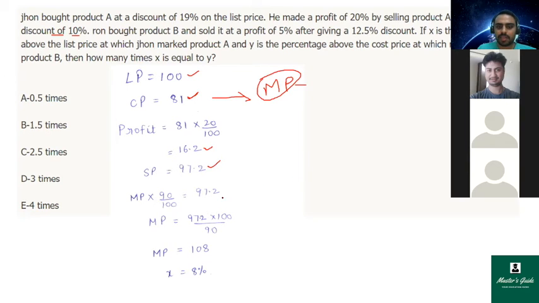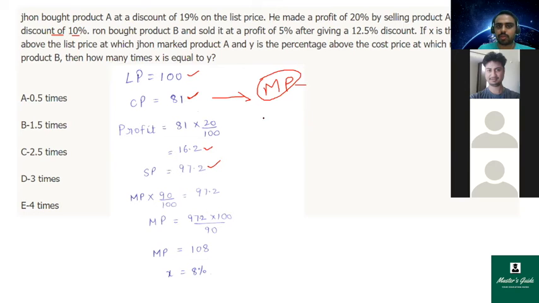So my selling price is this much, 97.2, and I'm giving a discount on the mark price and then selling it at 97.2. If I give a discount of 10%, then I am selling it at 90% of my mark price. Hope this is clear.